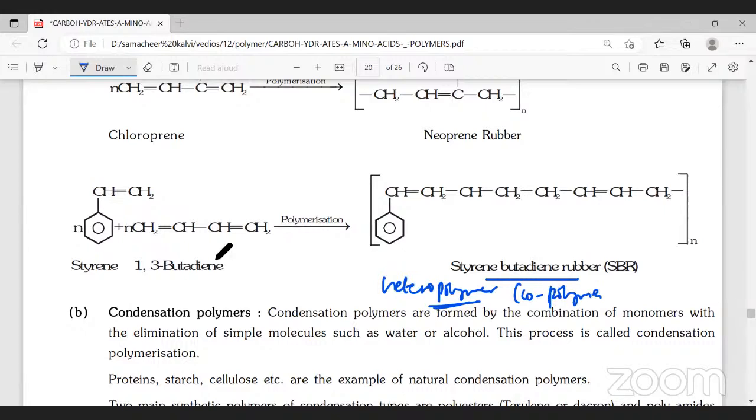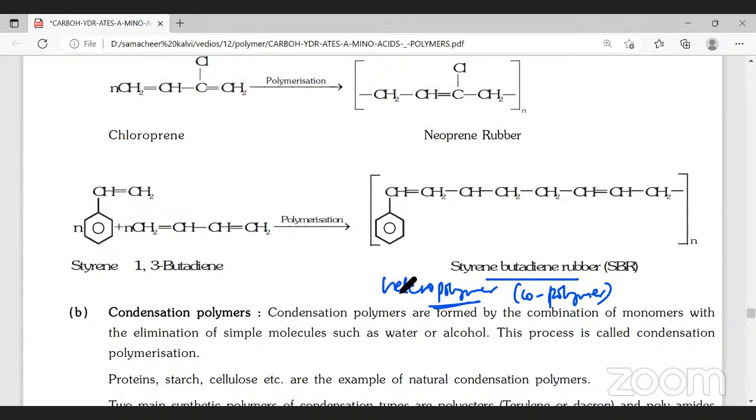In case of a copolymer, the monomeric units are different. When monomeric units are different, they are called heteropolymers or copolymers.